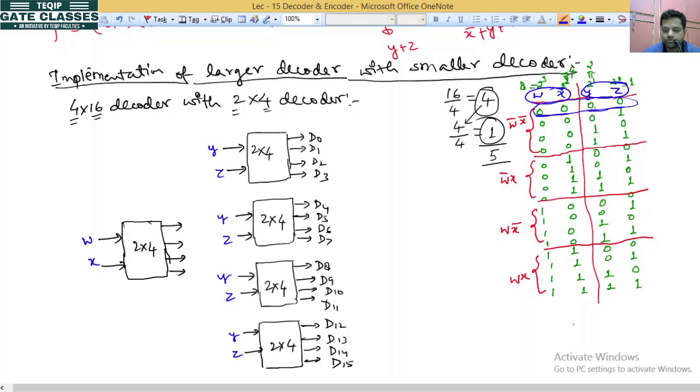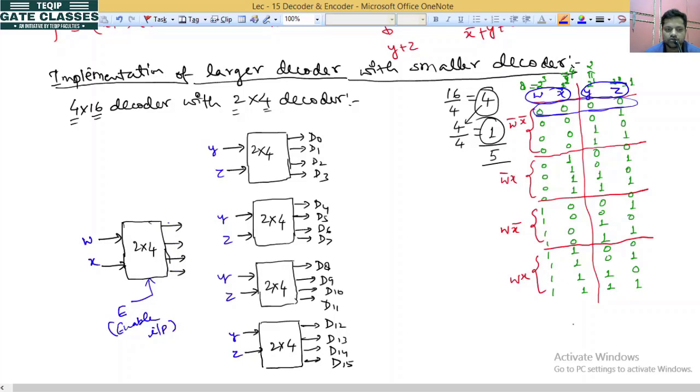So what we have is one enable input here. For the first gate, suppose it is E, meaning enable input. Now if you see here, these four outputs are generated.